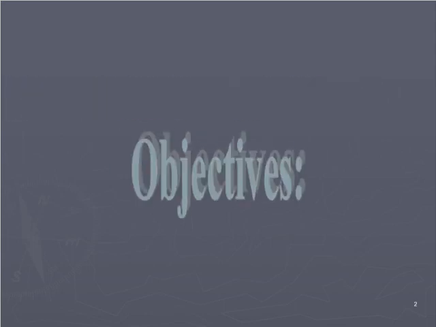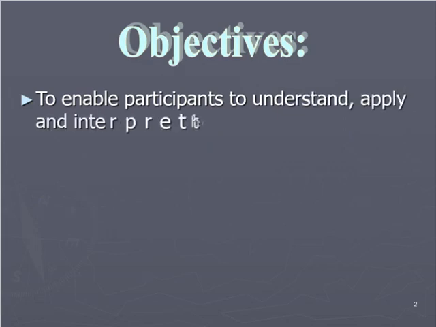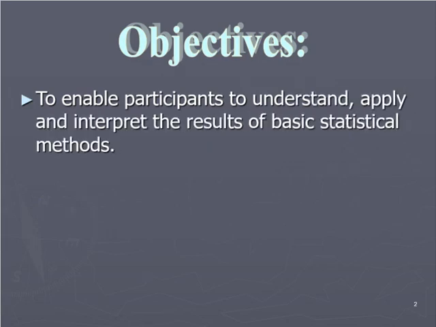Anyway, let's proceed. This is understanding statistics using SPSS. This course will be divided into different sessions. It's supposed to be 10 sessions, but let's see if we can divide this into 6 sessions. And these are our objectives. After watching the entire set of videos, this is just the first set, you should be able to understand, apply, and interpret the results of basic statistical methods.